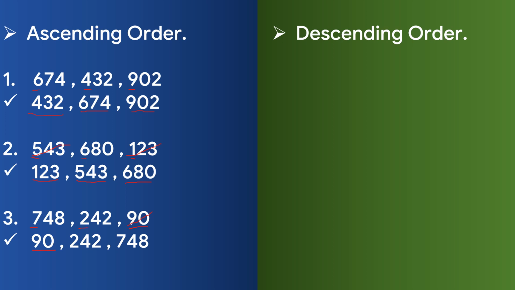So which one is the smallest? 7 or 2? 242. So write down 242 and cut this 242. Why do we cut this number? Because we already wrote it. Now the remaining number is 748. So we have to write down 748 as it is.